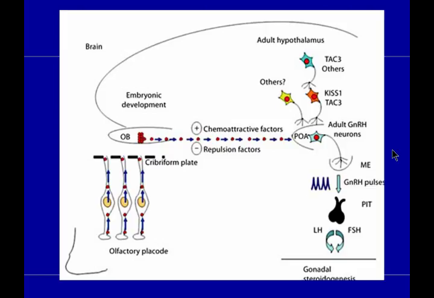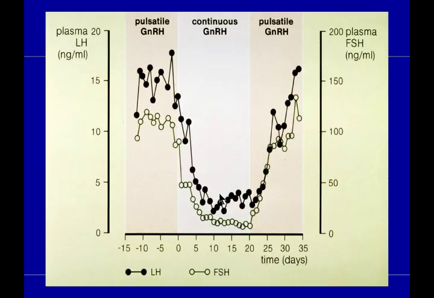And I always can't help but think that this relationship with olfaction must have something to do with perfume and other things, with the effect on reproductive behavior, that play a role in this connection between gonadotropin-secreting cells and olfaction.